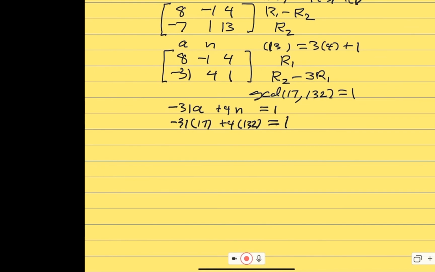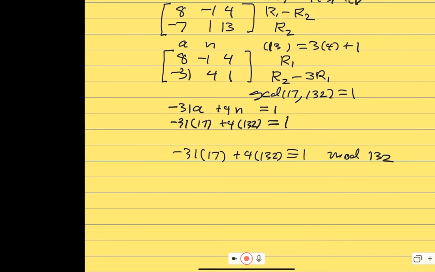Well, let's take this and now reduce this equation mod 132. I have minus 31 times 17 plus 4 times 132 is congruent to 1 mod 132. 132 is congruent to 0 mod 132.